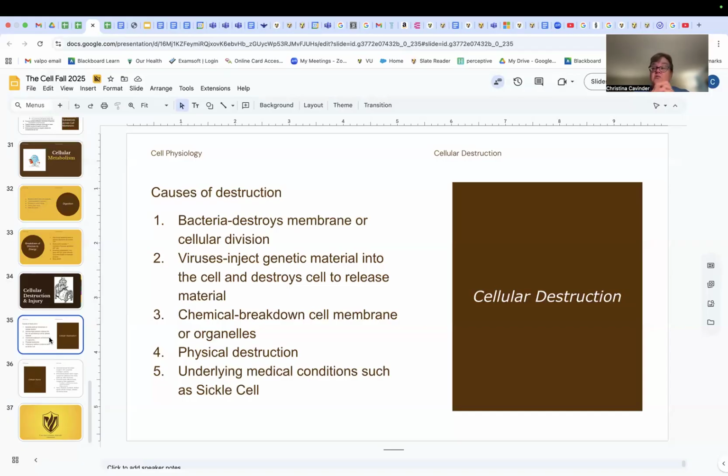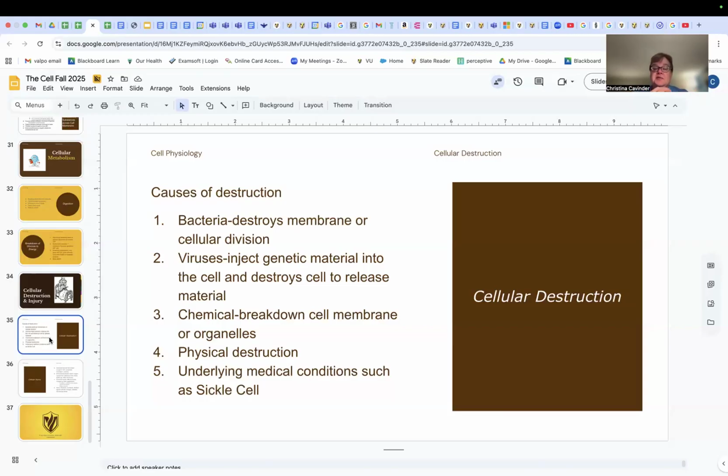Then the cell ruptures and it releases more viruses out into the other tissue. So a virus cannot live outside of a living being. It'll be present, but it's not living until it attaches itself to a cell. And then that's how it replicates itself.